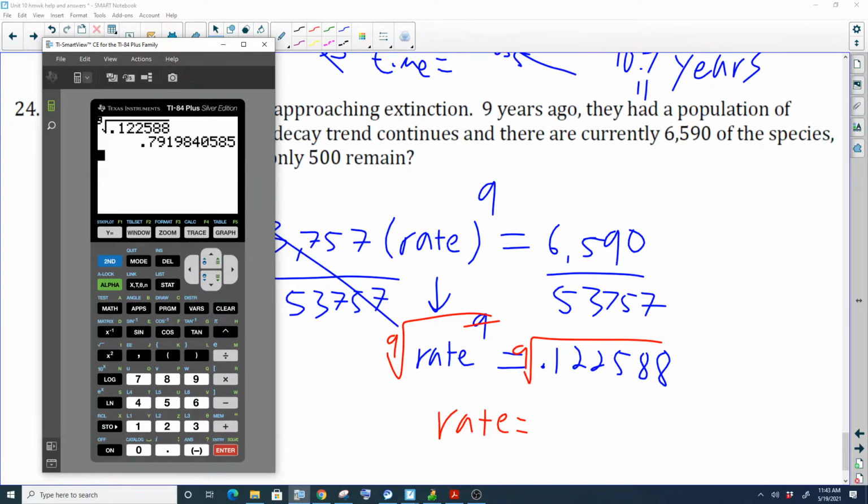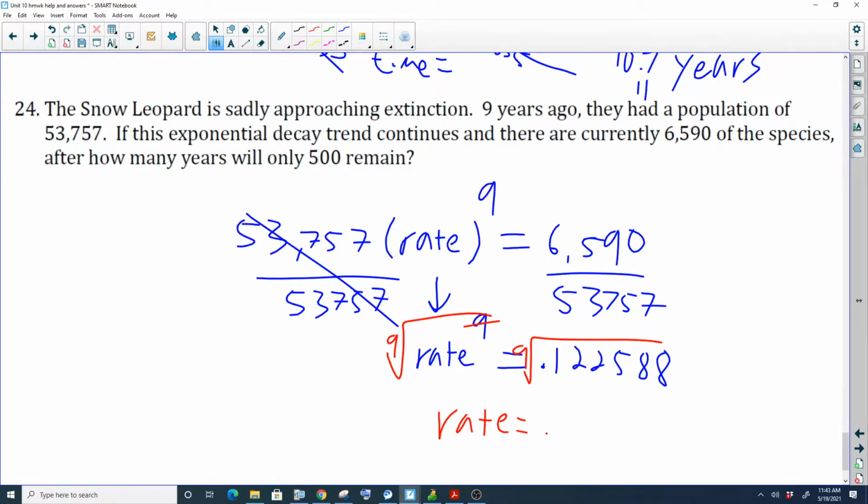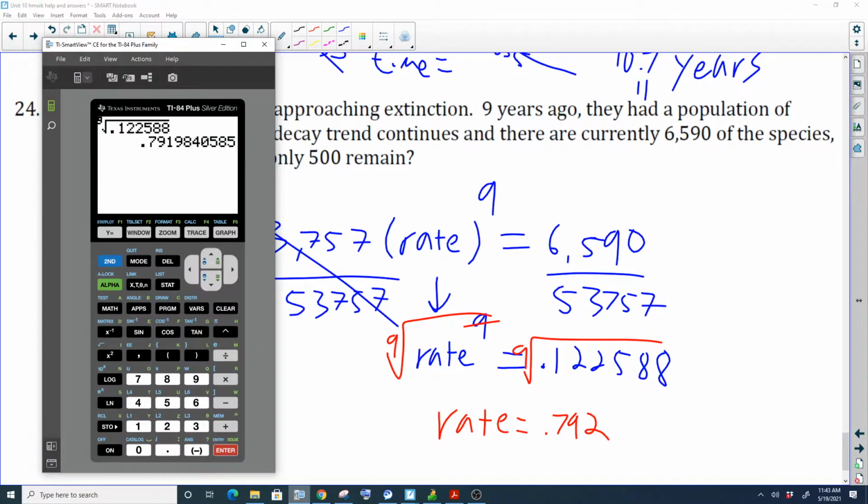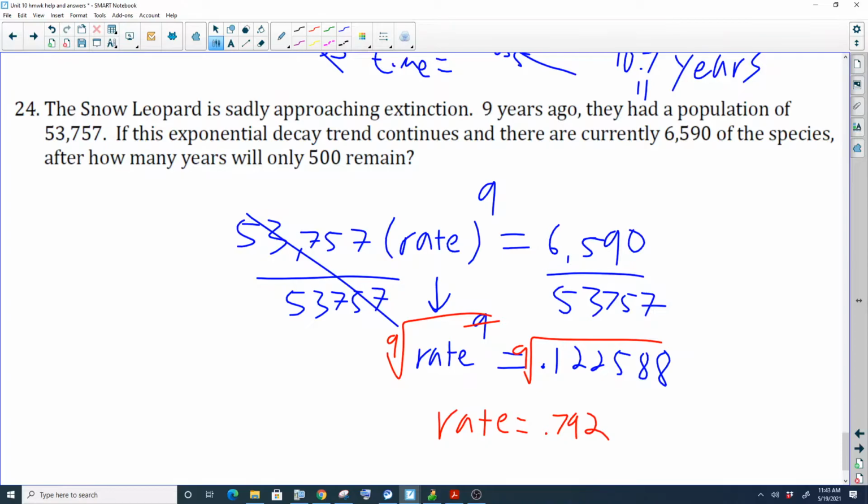So our rate is going to be 0.791 or 0.792 if you're rounding to the nearest, I don't know, thousandths place, yeah. Okay, so now that we have our rates, now we can predict with the 500. But now our initial is 6,590.